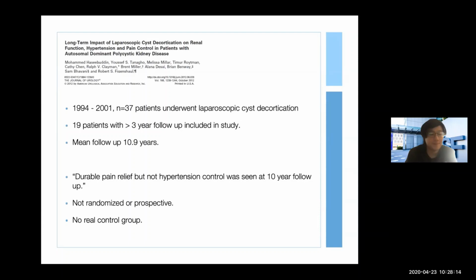Here's an example. This is a case study of 37 patients published in 2012. Only 19 patients had greater than 3-year follow-up. And this study demonstrated durable pain relief, but not control of hypertension at the 10-year mark in these patients. But of course, it's not randomized or prospective, and there's really no control group in this study.